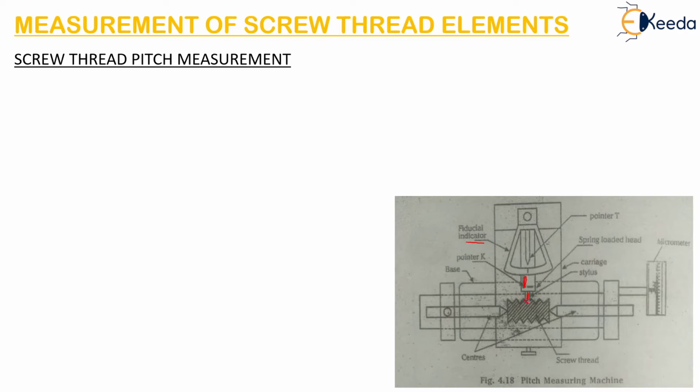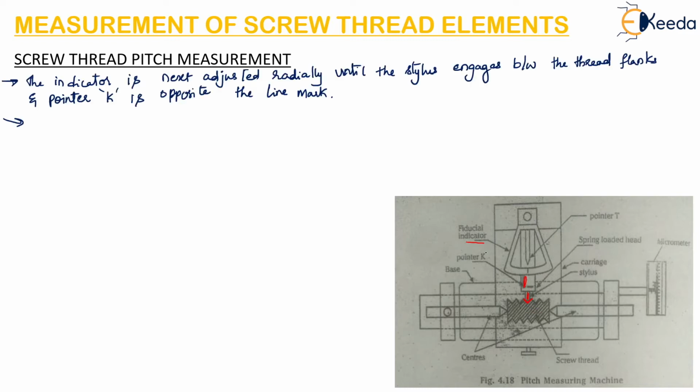The pointer K is opposite to the line mark. When the pointer is in the accurate position, then only we will take the readings from the micrometer.